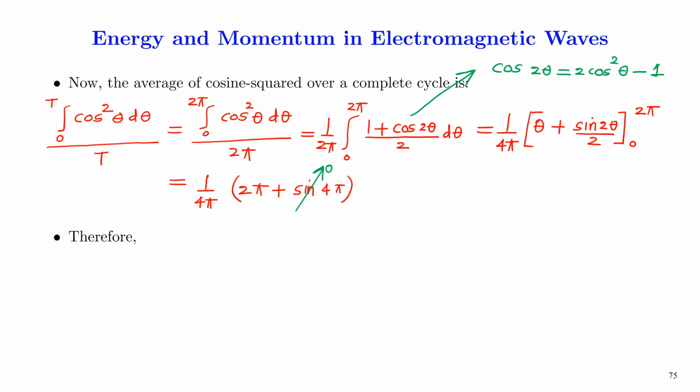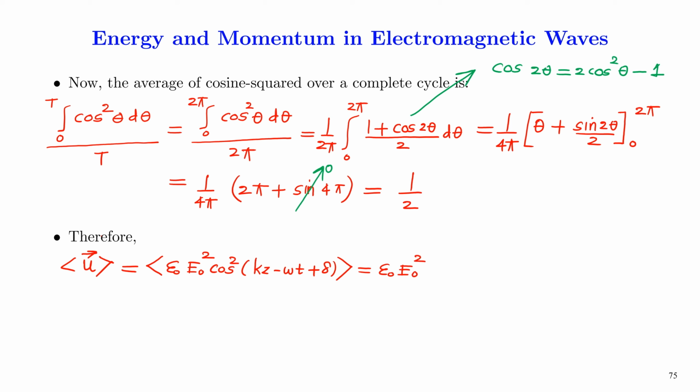Therefore, we can write the average value of the energy density, which we represent as u inside angular braces, as epsilon 0 E0 squared times the average of cos squared (kz minus omega t plus delta), and that is equal to 1 over 2 epsilon 0 E0 squared.